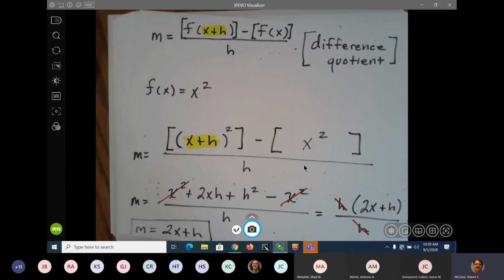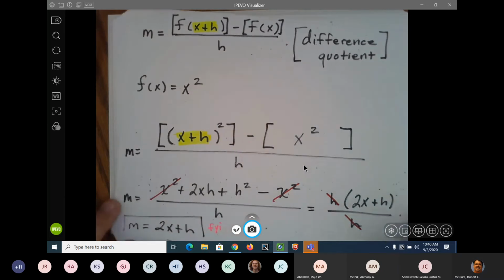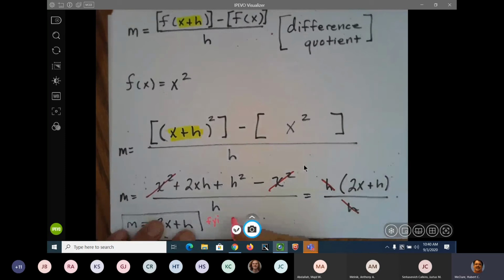Now in calculus, you're going to apply the limit theory, and I'm just going to show you this for your own information, and I'm going to do it in pink because I want you to realize that this is for your information. I'm going to plug in the limit as h approaches 0.